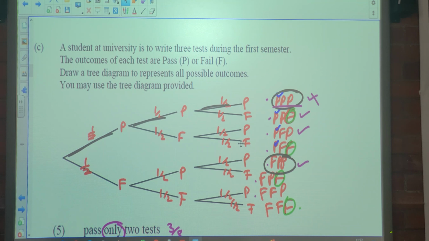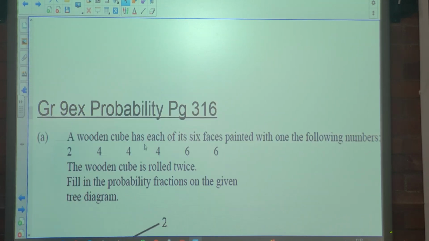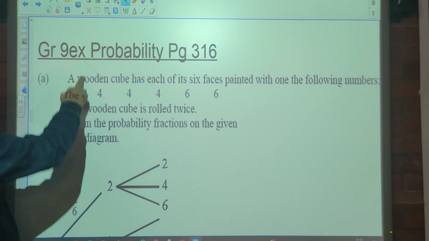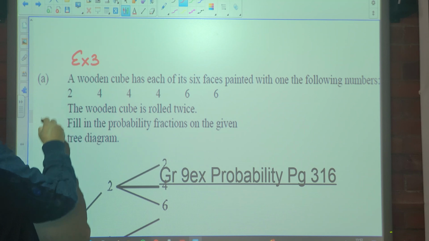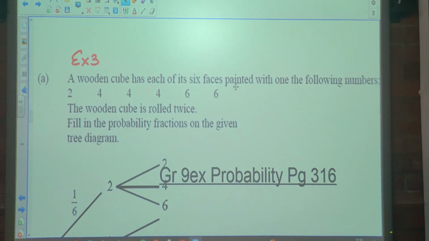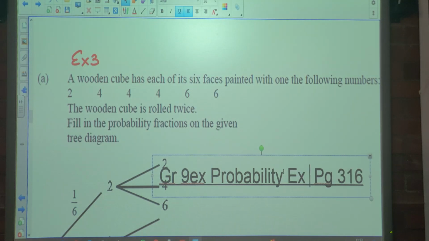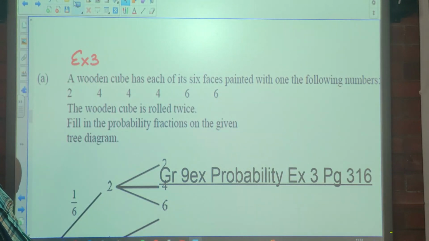Okay, so exercise 3 is for homework. First I will finish exercise 2. Okay. So that basically brings us to the end of exercise 2.